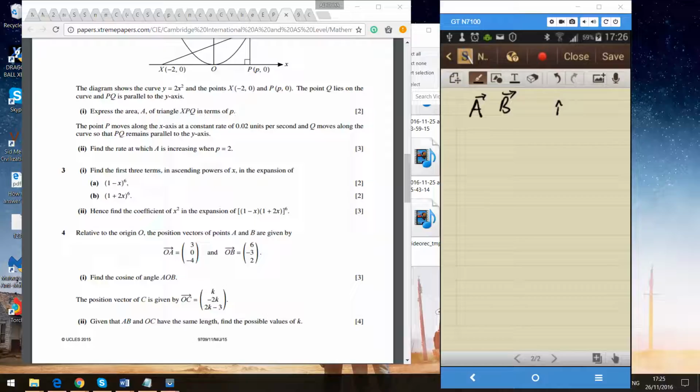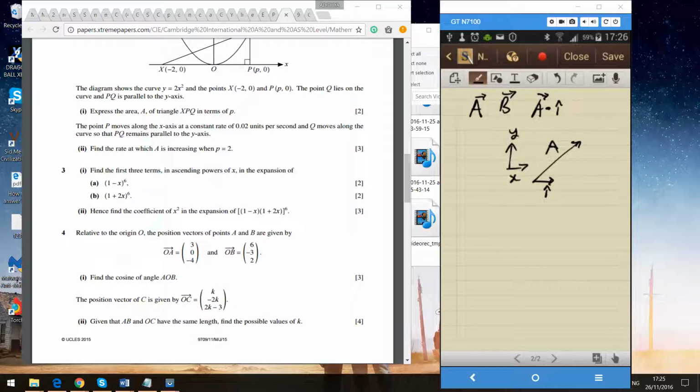So if you have a vector A and take the dot product with this unit vector i, and let's say this is a coordinate axis, x and y.